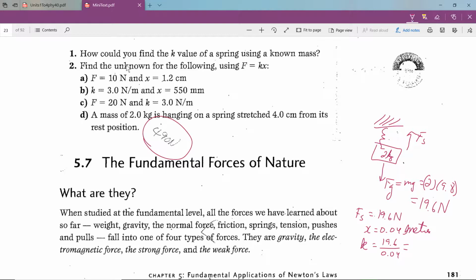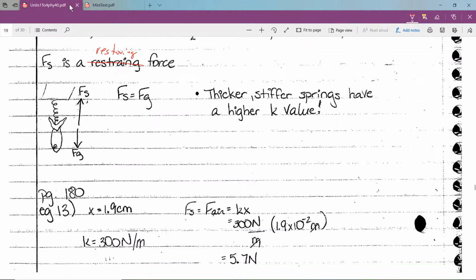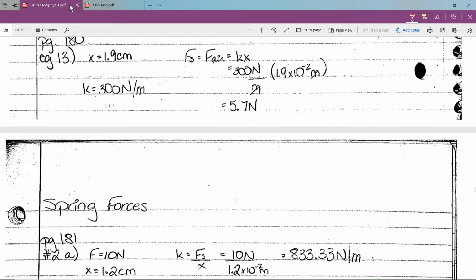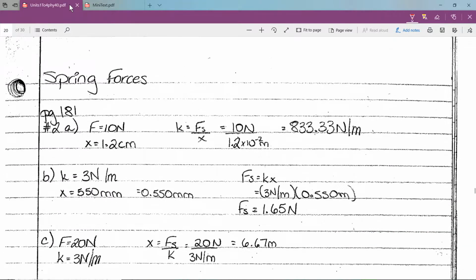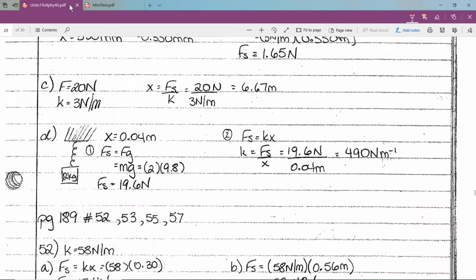These other ones here are really practice on metric prefixes. If I go to our example here, we did the tire pressure gauge. Here you have page 181, 2A, 2B, 2C, and 2D.